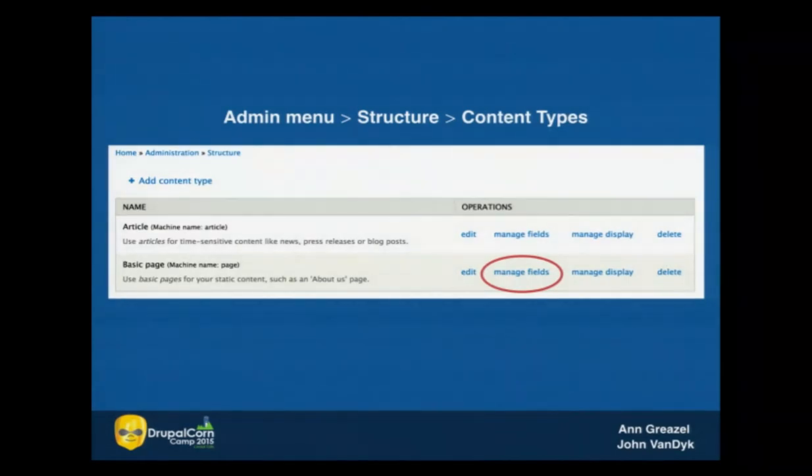Because when I go to create a basic page, I don't see anything that says anything about tags or terms, nothing, right? My fields are title and body. So what you need to do is go to structure and content types. And once you select content types, Drupal out of the box will give you article and basic page.